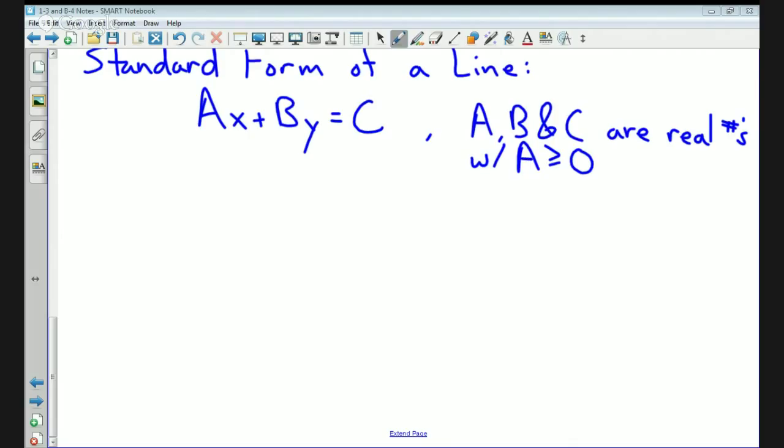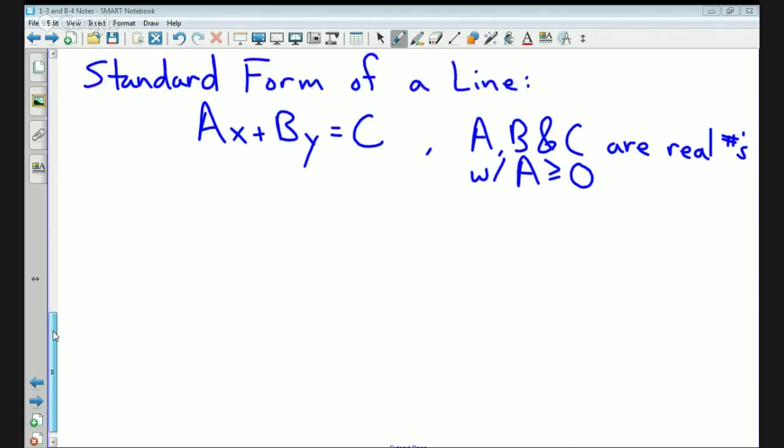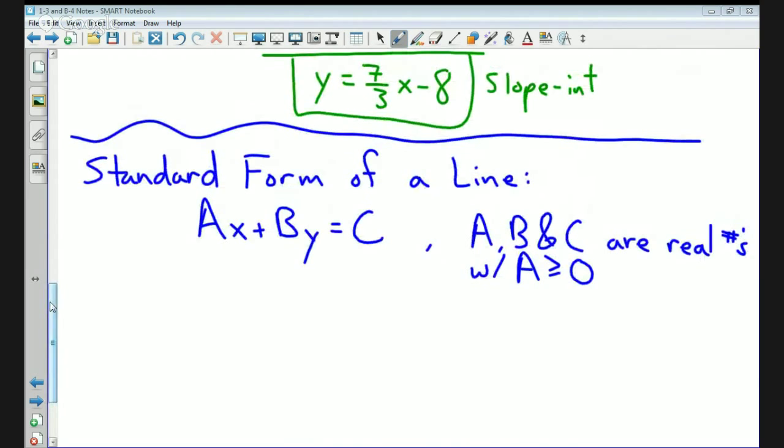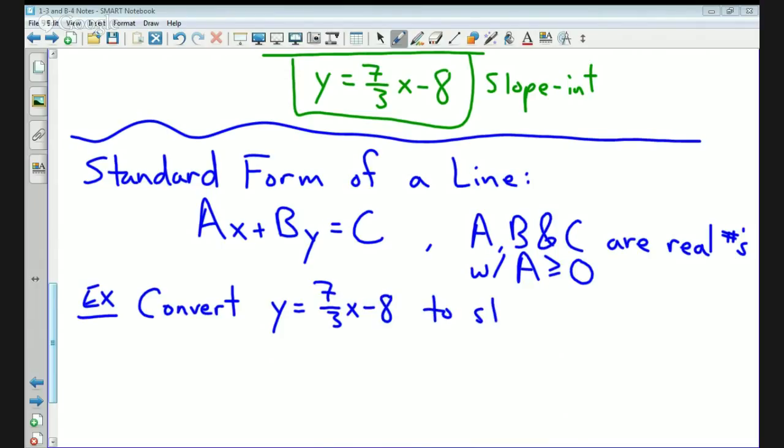Okay, so let's go ahead and take a look at getting to the standard form from slope-intercept in this case. So example, let's go ahead and convert y equals 7/3 x minus 8 to standard form.